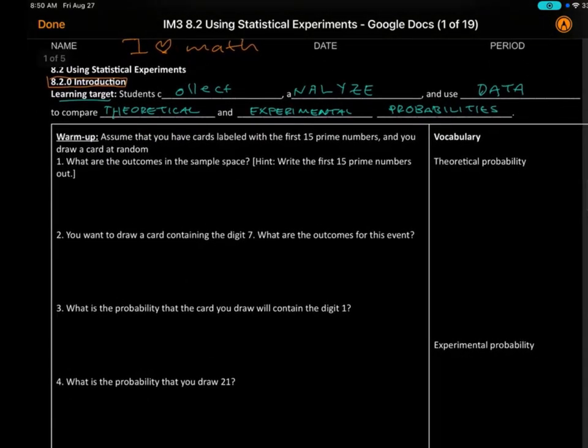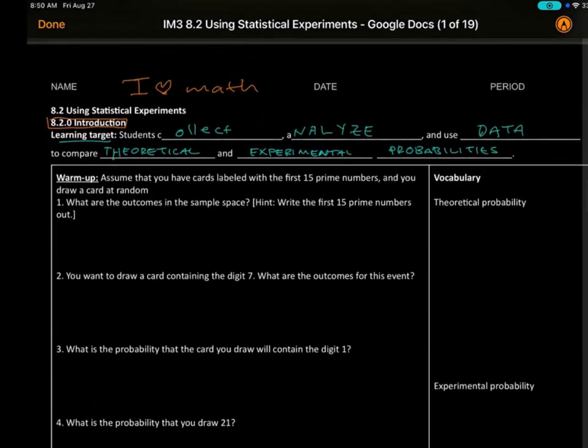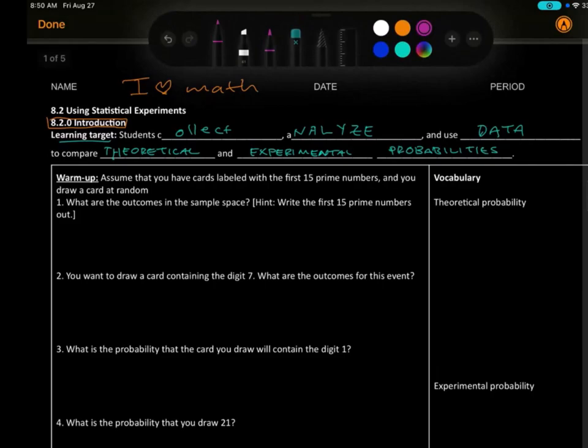Okay, I got a warm up here. Assume that you have cards labeled with the first 15 prime numbers and you draw a card at random. So let's make sure we understand what a prime number is. A prime number is a number that is equal to a number times 1.